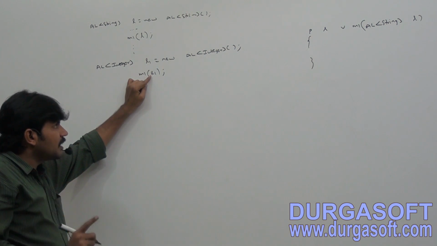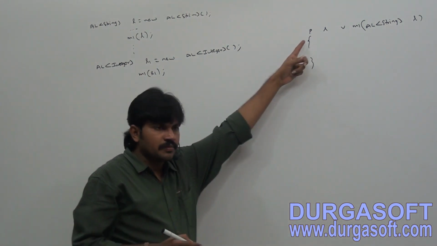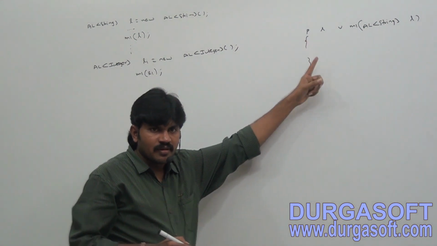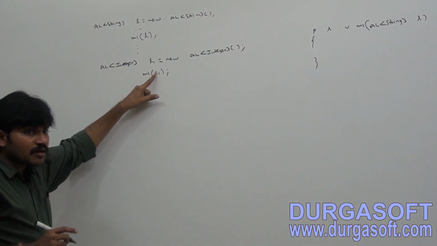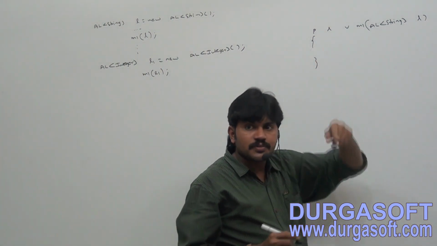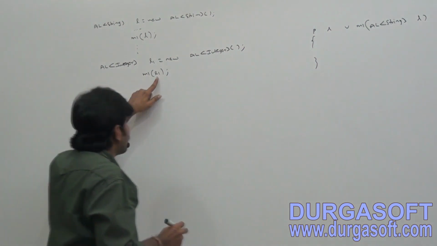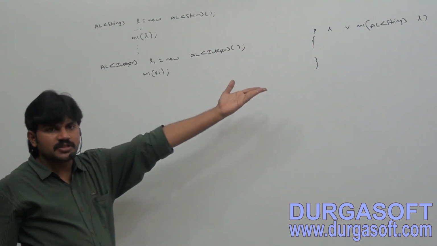Now can you tell, for this requirement can I use this method? Yes or no? L1 is of ArrayList of Integer type, but the m1 method can take ArrayList of String type. No, because there is a mismatch in the argument type.